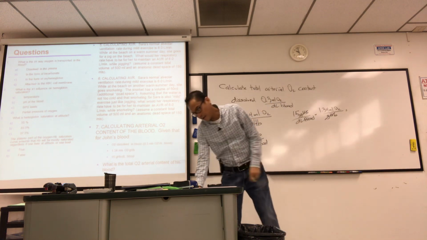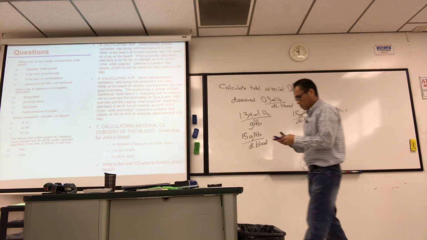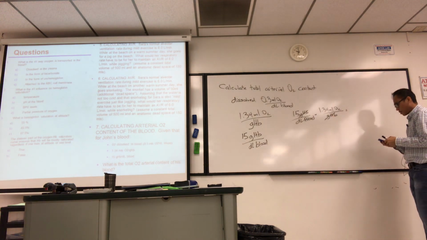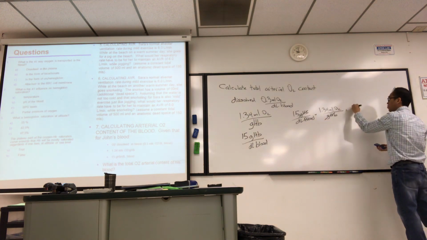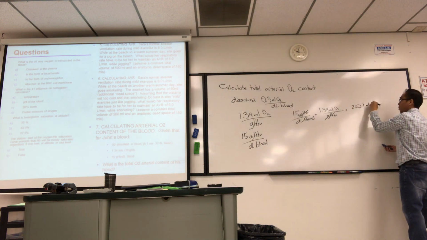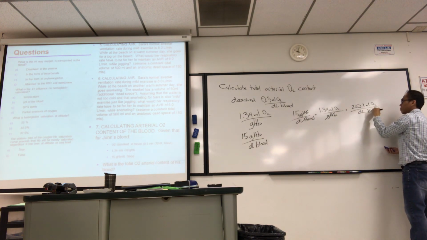Yeah, multiply that. I get 20.1 mil O2 per deciliter of blood.